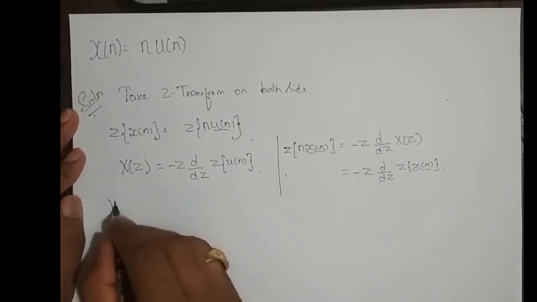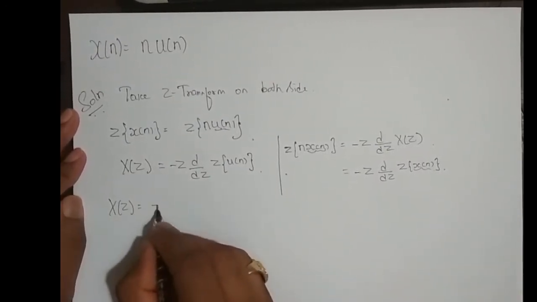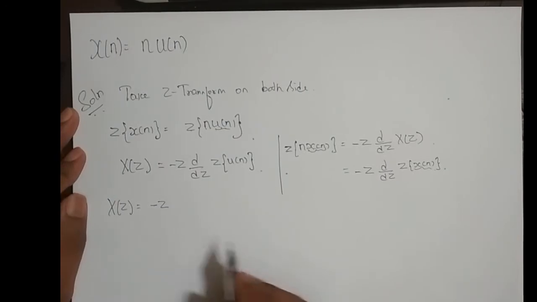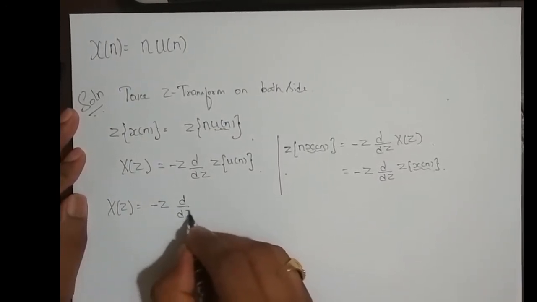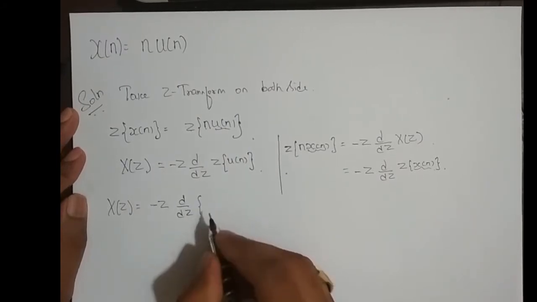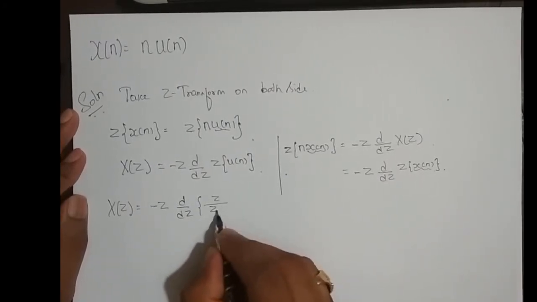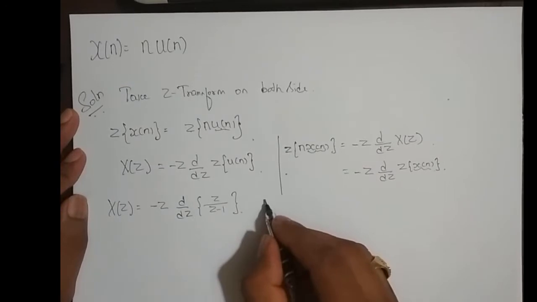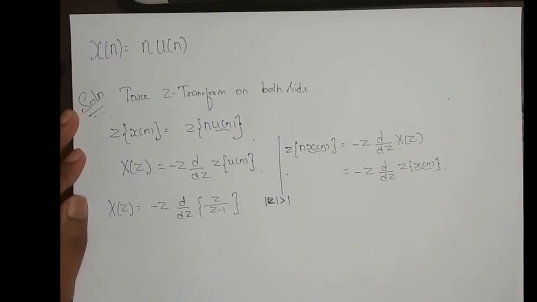So X of z is equal to minus z times d by dz of, what is the Z transform of u of n? We know it: z divided by z minus 1. What is its ROC? The magnitude of z is greater than 1.